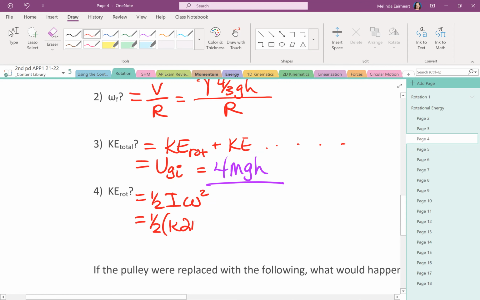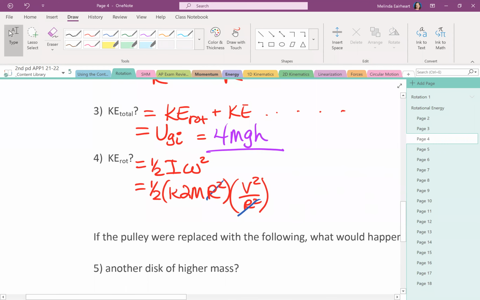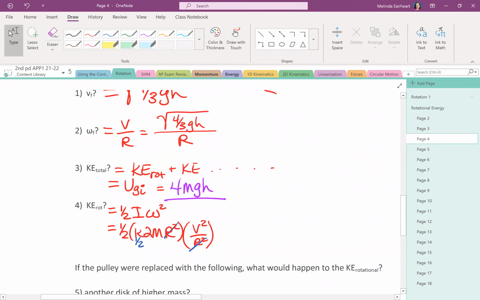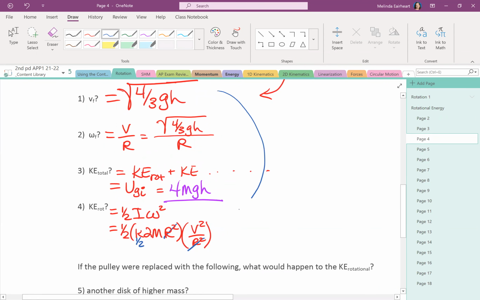Yeah. Almost forgot it again. And then that V squared over R squared. And so we see R squared cancels out again. And K we know is that 1/2. But V was not given. And so what we're going to do here is plug in the V from above.